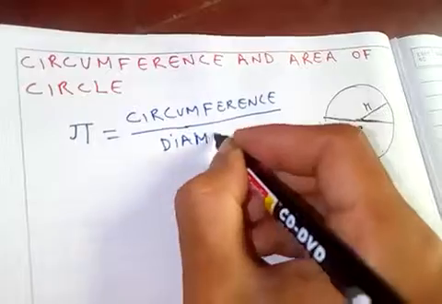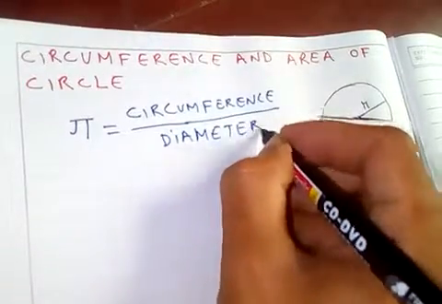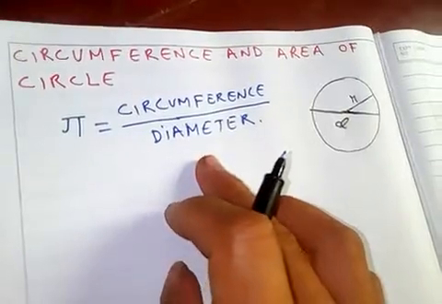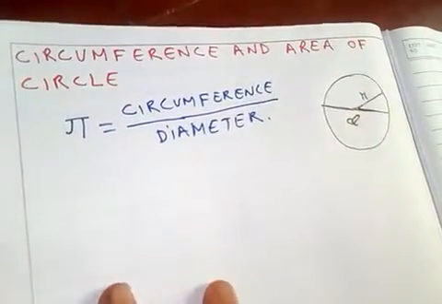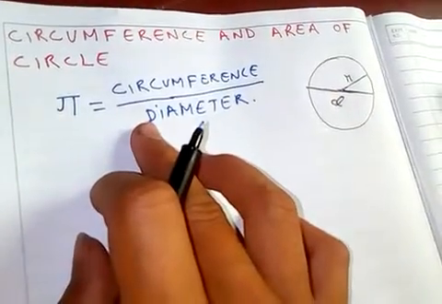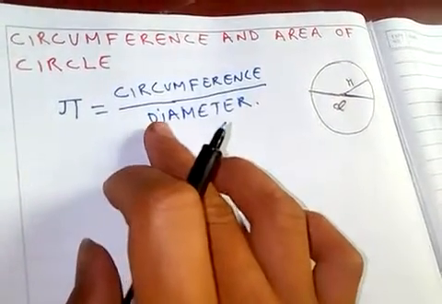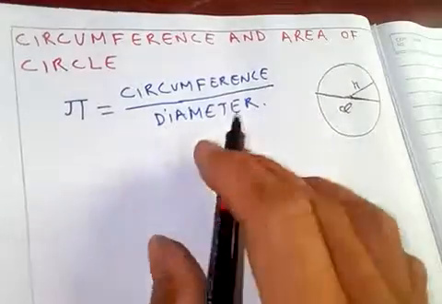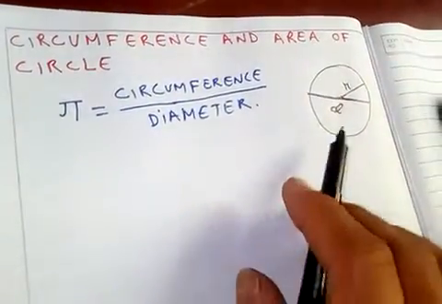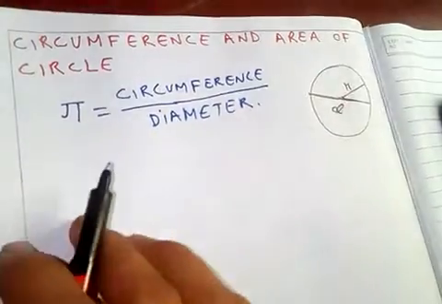Okay, this is the definition of pi, and pi has some value. It is a constant. Circumference, or we say perimeter, but in case of a circle we say circumference.